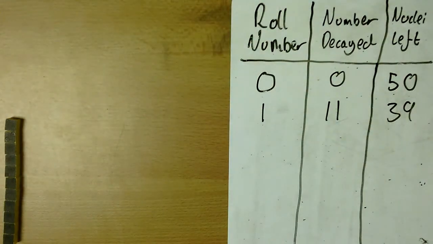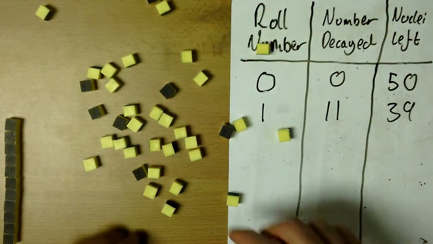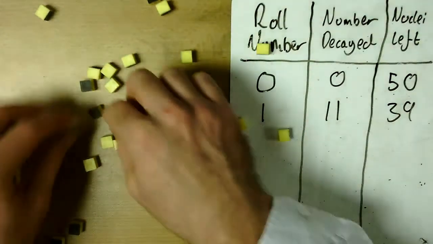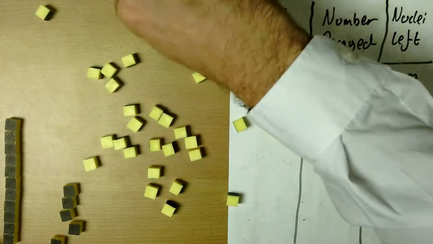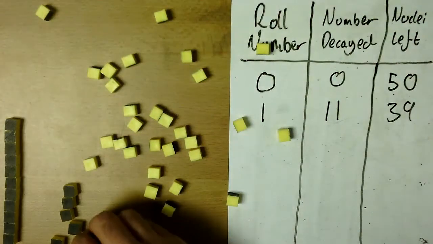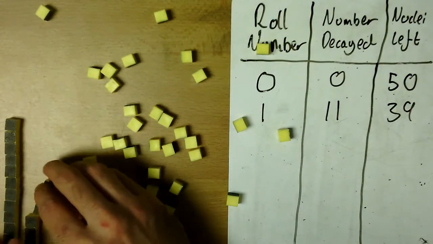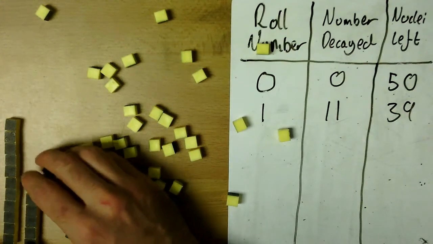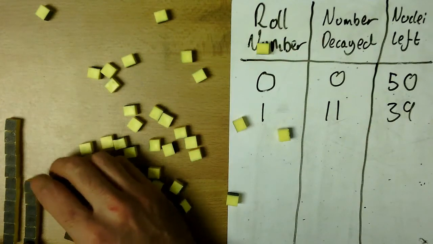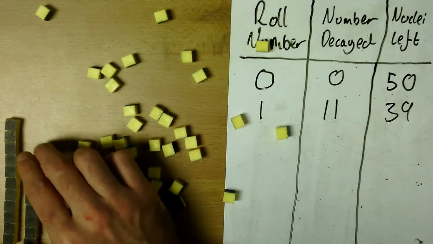So I'm going to take those all together and give them a roll again. And this time I've got 1, 2, 3, 4, 5, 6, 7, 8 that have decayed. And I'll put those up at the side next to my ones that have already decayed. So again, I'm taking them out of my sample. And we'll see that because I've got less left, it's less likely that some of them are going to decay.